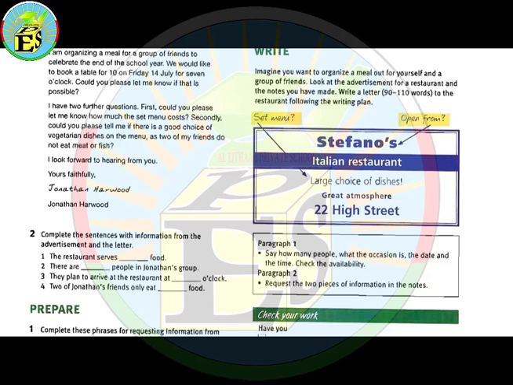The basic thing that you need to do in this task is to imagine that you want to organize a meal for yourself and a group of friends, you have this advertisement, and then you have to follow the writing plan of writing a formal letter, and we talked about the steps of writing the formal letter. So the letter should include from 90 to 110 words. This is the advertisement.